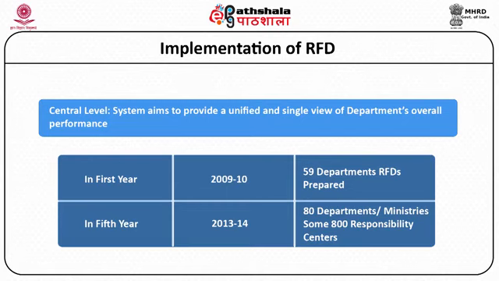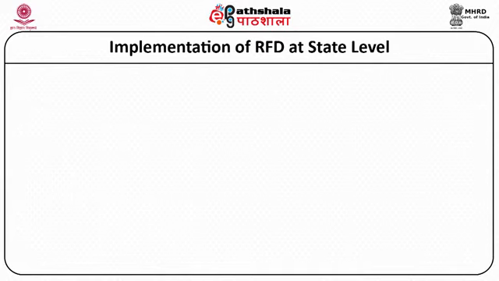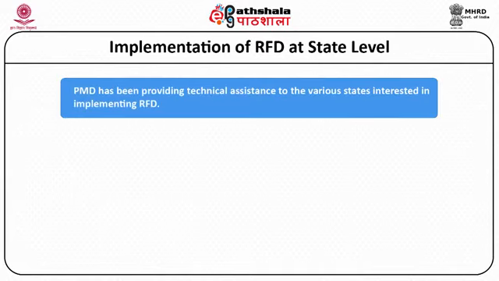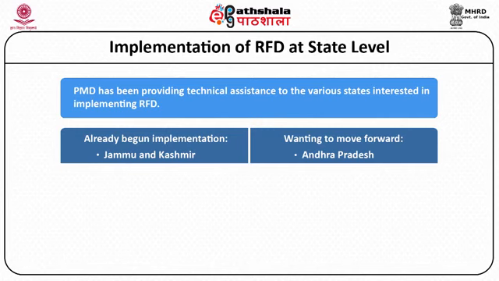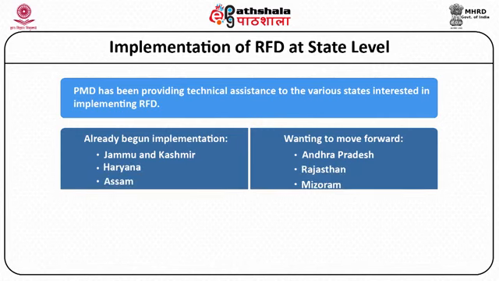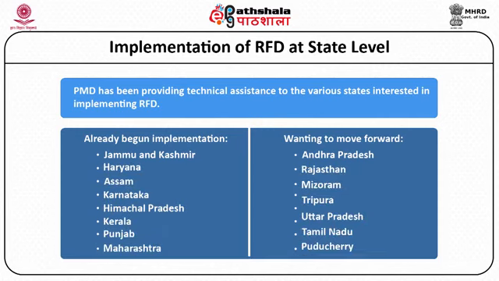This slide covers the implementation of RFD at the state level. Some states have already gone ahead and are in the process of implementing RFD, and other states are in the process of initiating RFD and are going to begin in the near future.